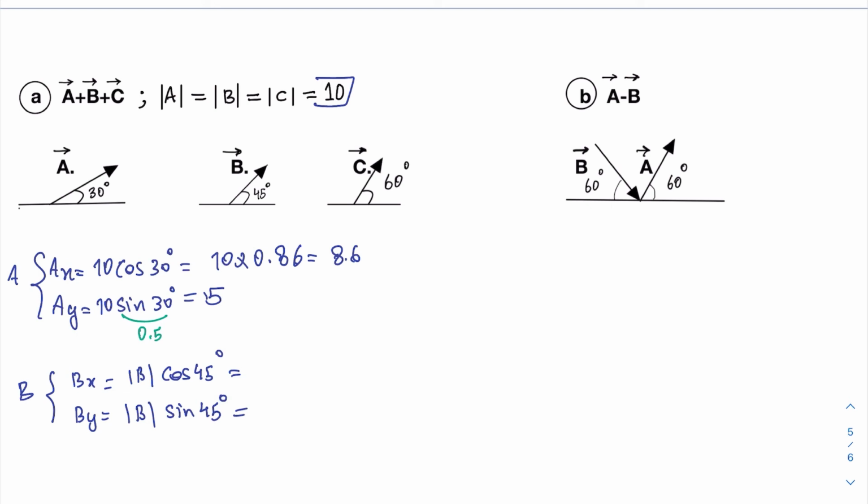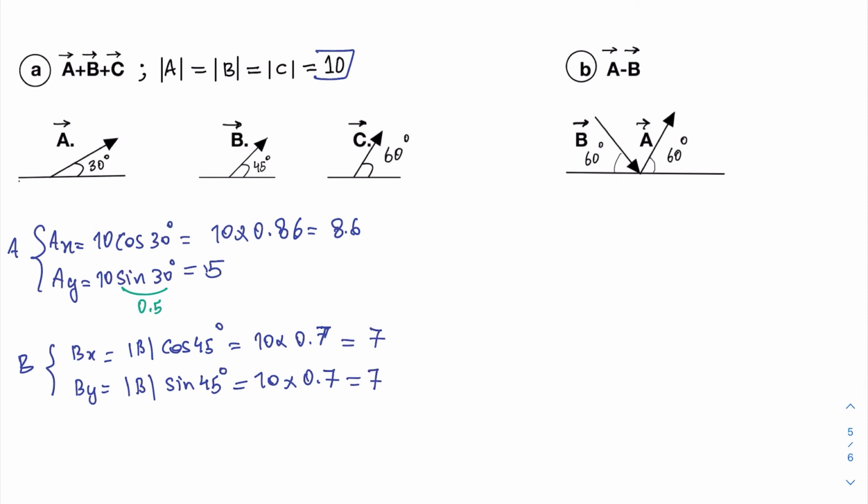Okay, 10 times 0.7, let's say approximately. Here also 10 times 0.7. Then it will be 7, 7.